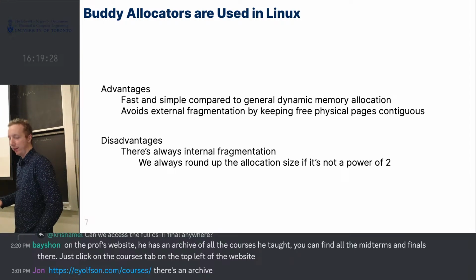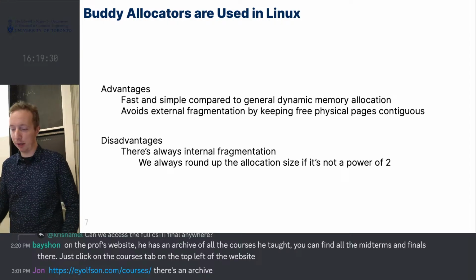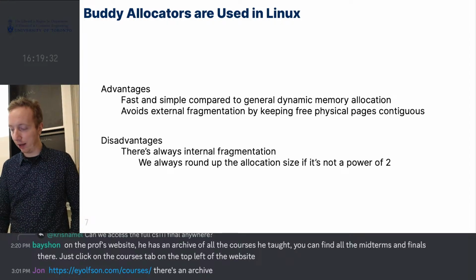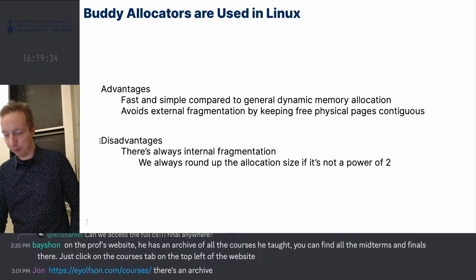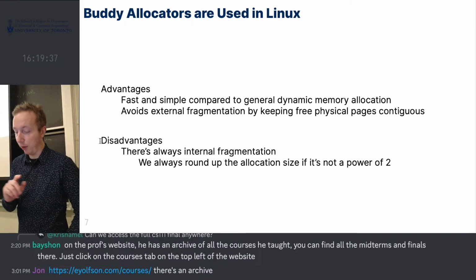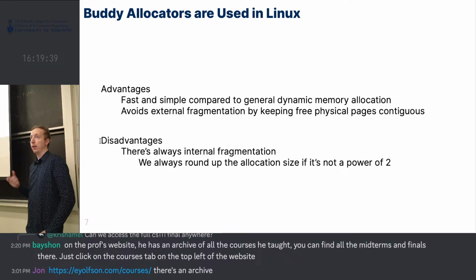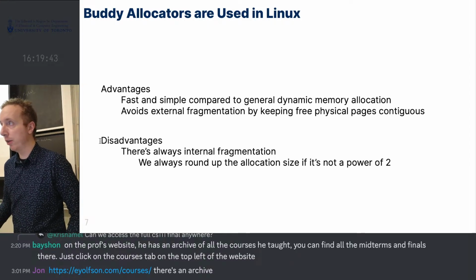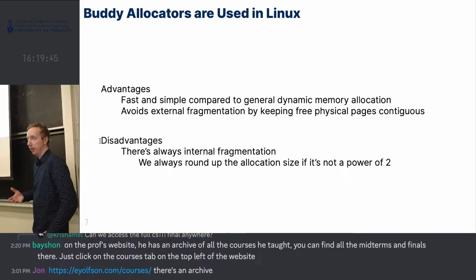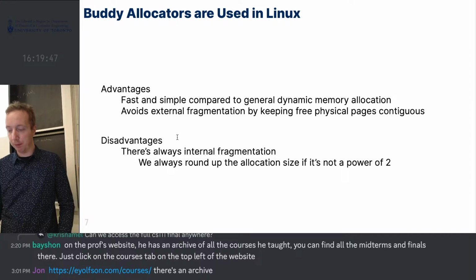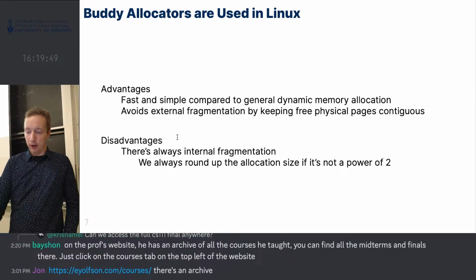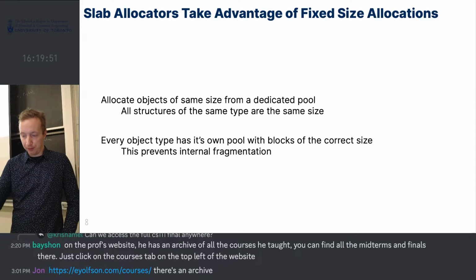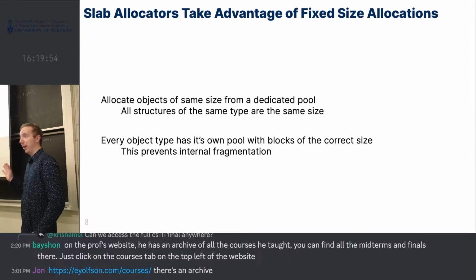You can get into the same case where you do have fragmentation, but it's at least a lot better with the buddy algorithm. The disadvantage is that if you don't have a power of 2 allocation, there's going to be some internal fragmentation you just can't handle, because you only deal with powers of 2 internally and always round up. So the last one, which is kind of related to Lab 6.